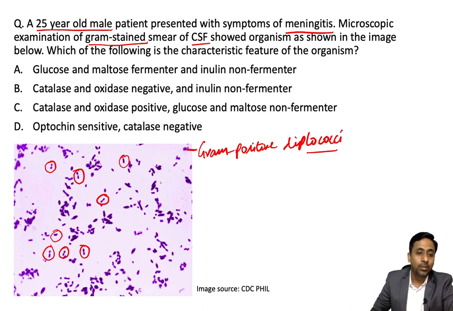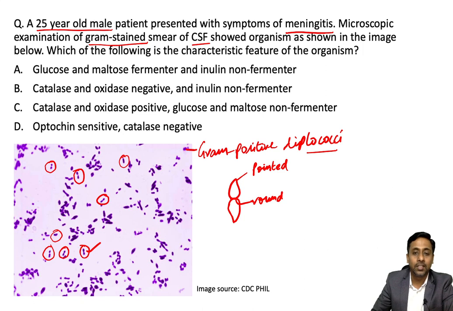And also what we can see here, if you just zoom into the image, you can see the shape of the cocci. It is like this, that one end is pointed, okay, and another end is round, and these diplococci are arranged with the round edges facing each other.